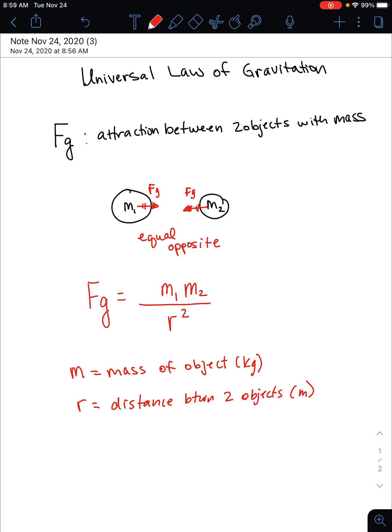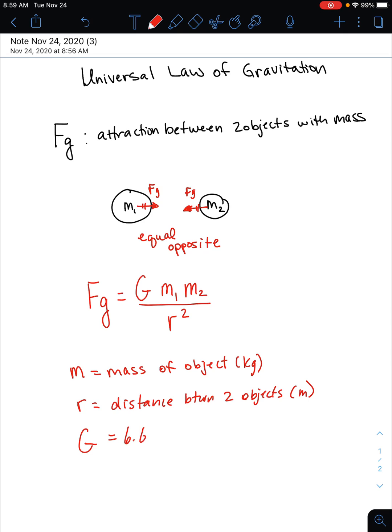And so it would be a really large number that you would have as a gravitational attraction between any two objects if there wasn't just one other factor. And this other factor is just a capital G. Capital G is a constant. Capital G is the same number all the time.